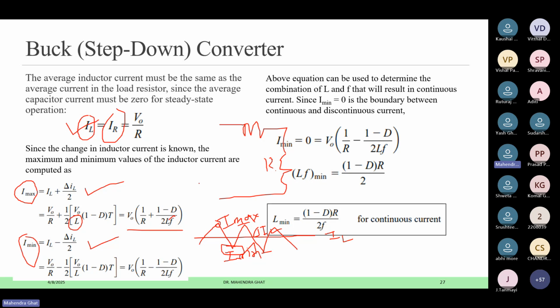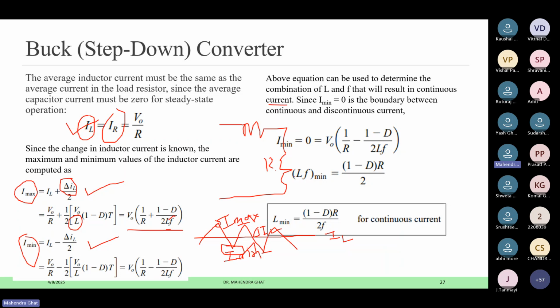Now if I want to control this delta IL, I have to change the L and F so that my I max and I min remain within the limit. To get that, I will equate the above equation, which can be used to determine the combination of L and F that will result in continuous current.